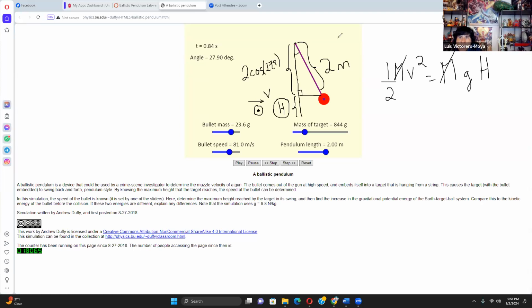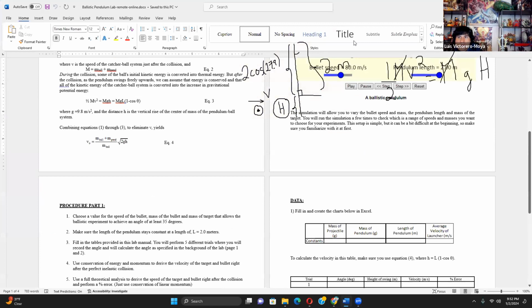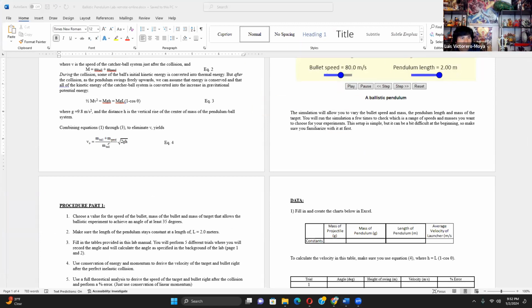Now, you may be wondering why the equation looks like that. Let's show you this.